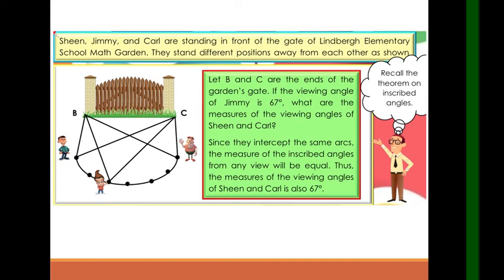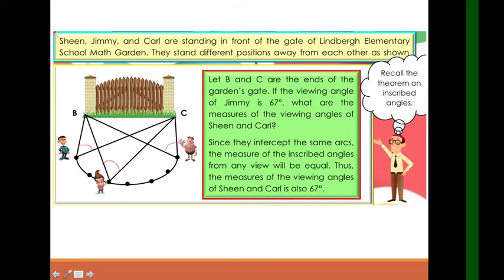Let B and C be the ends of the garden's gate. If the viewing angle of Jimmy is 67 degrees, what are the measures of the viewing angle of Sheen and the viewing angle of Carl?